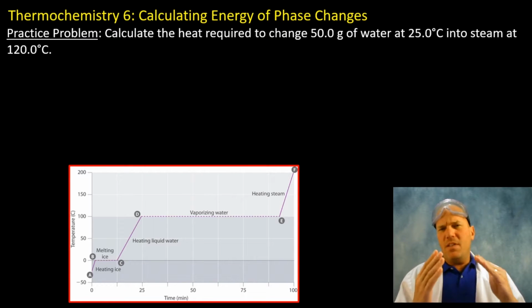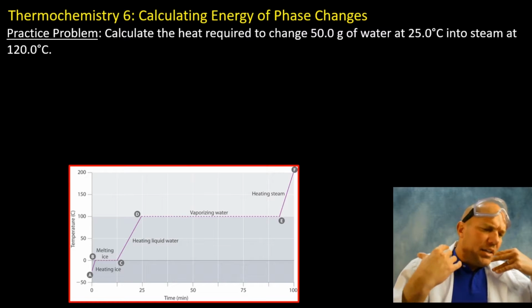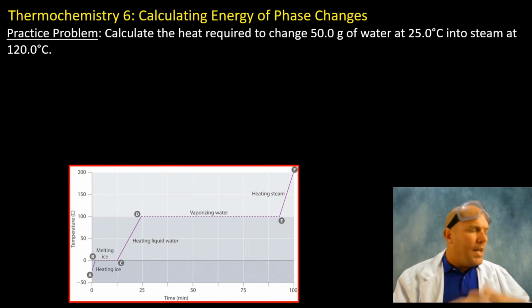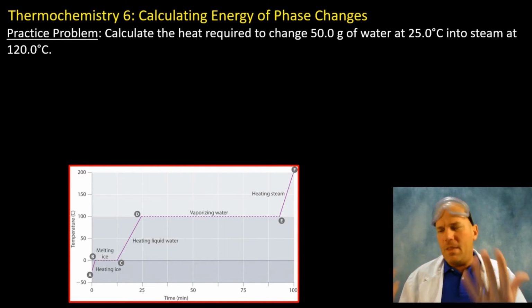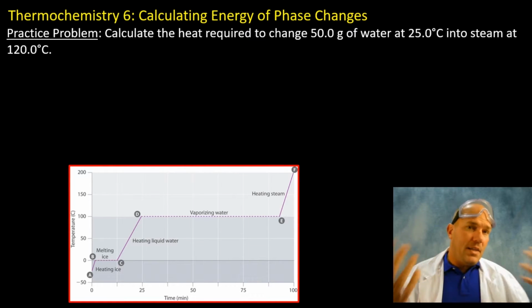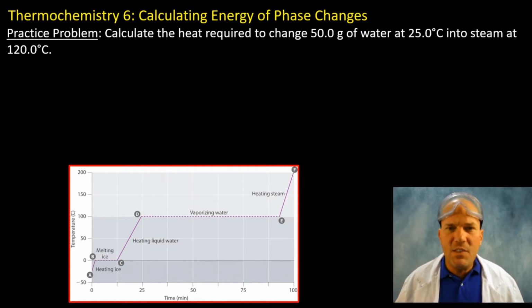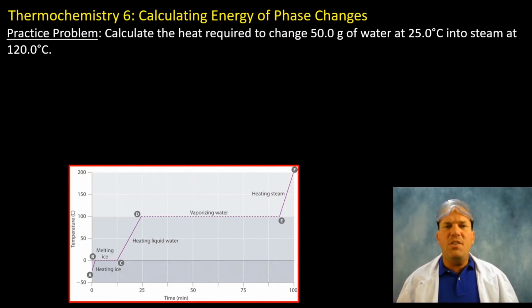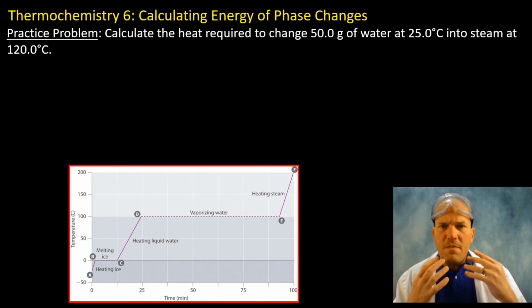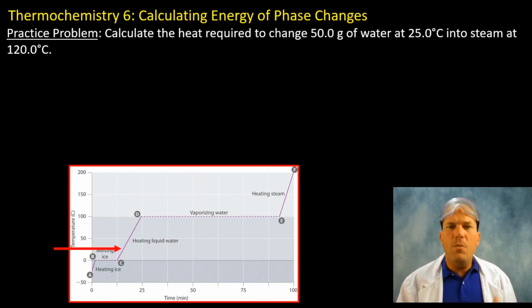Look at the segments, break it up, so you know whether you're using Q equals MC delta T, enthalpy of fusion, or enthalpy of vaporization, and how many times you're going to use the Q equals MC delta T. Because in this question, we want to calculate the total amount of heat energy required for this phase change.